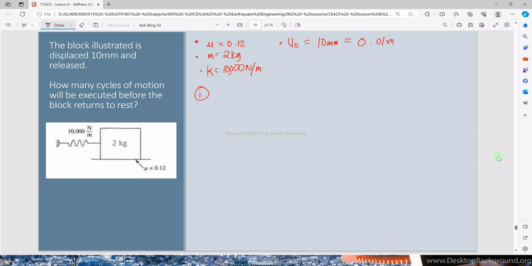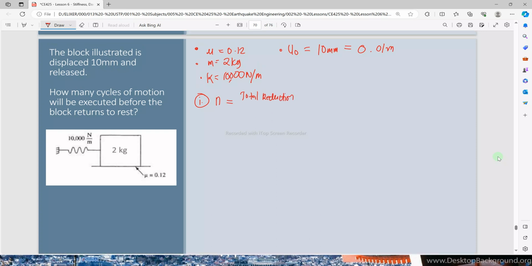First, we need to get the cycles. The cycles to rest is equal to the total reduction over the reduction per cycle. What is the total reduction? This is just the initial position minus the final position.